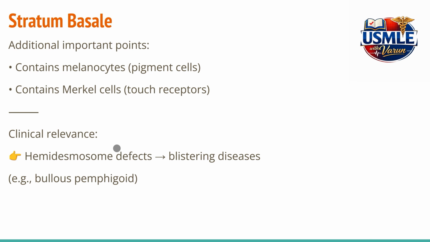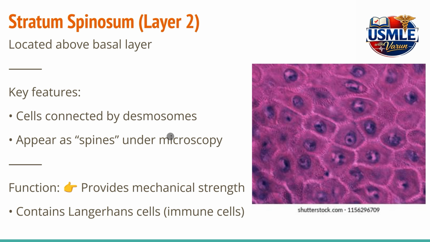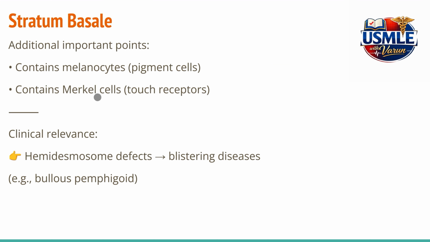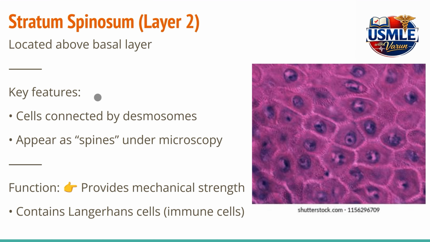Now, as the cells move up, they form another layer called the stratum spinosum, which is also called the spiny layer. Here the cells are tightly connected to each other through strong junctions called desmosomes, giving the skin its mechanical strength.